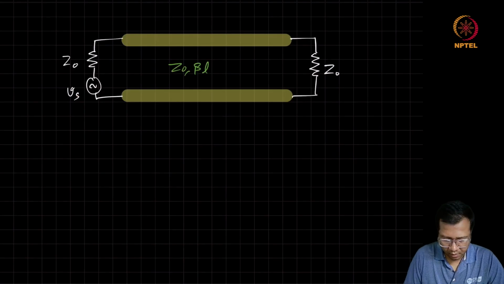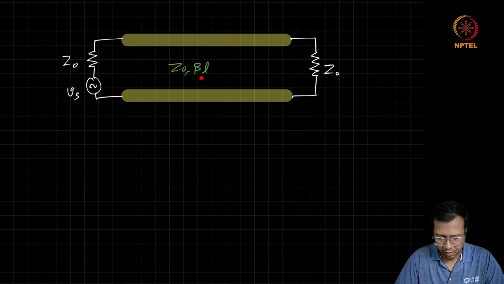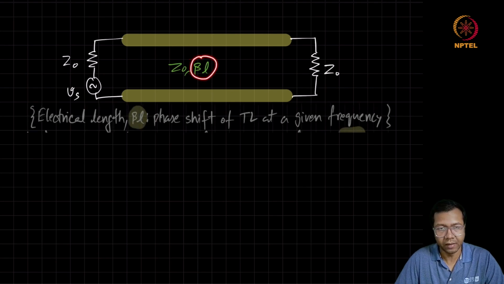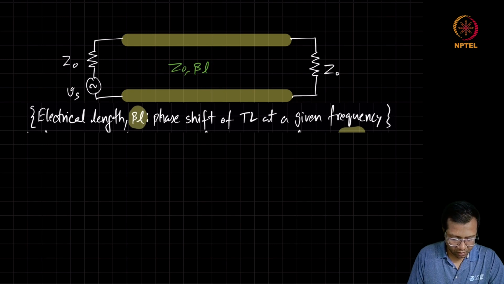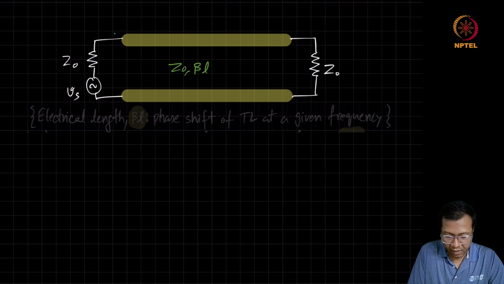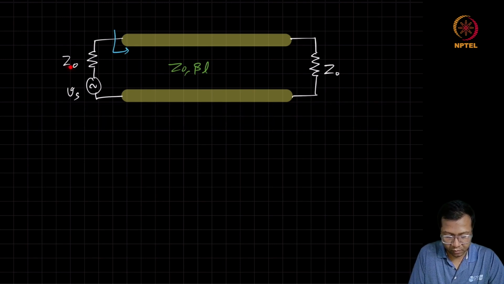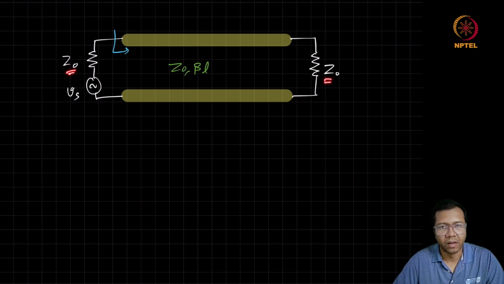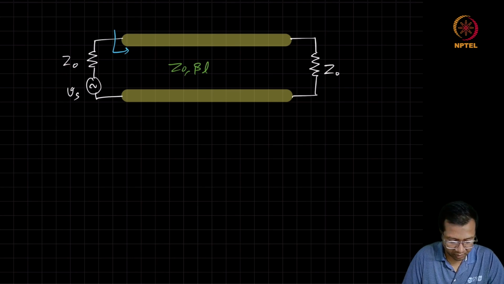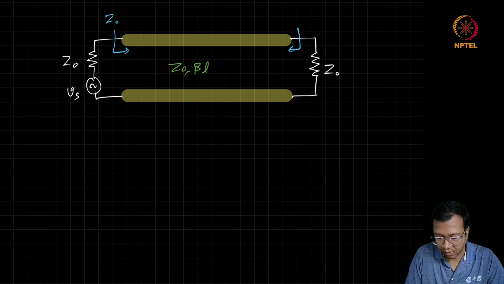We have seen that if there is a transmission line of characteristic impedance Z0 and having a phase constant beta, the length of L, which gives an electrical length of beta L, irrespective of the length of the line, if the source and load impedance are equal to the characteristic impedance of the line, the looking in impedance is going to be Z0 either from the source side or from the load side.